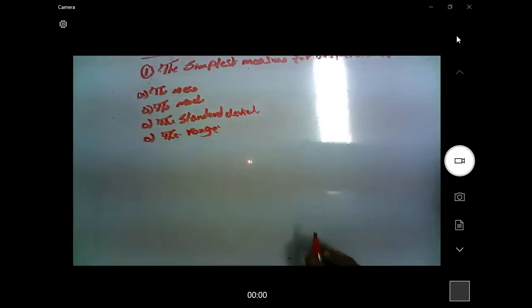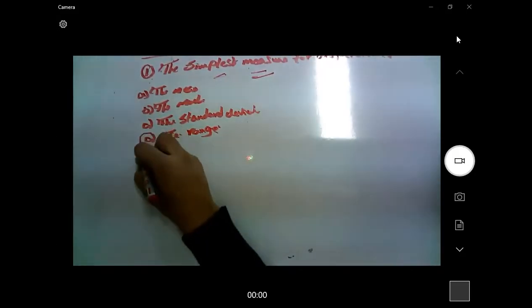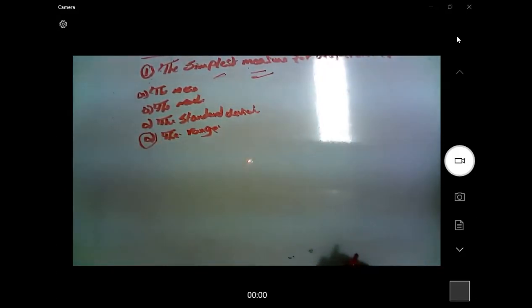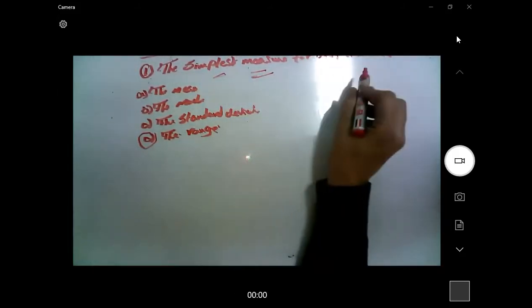We know that the simplest measure for dispersion is the range, which is not the most accurate measure for dispersion. Then the simplest measure for dispersion is the range.